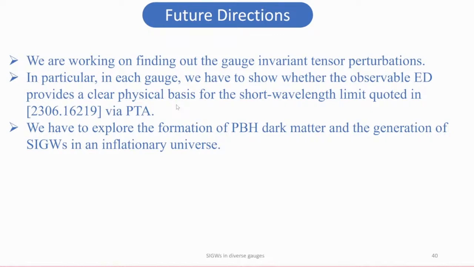So people have discussed this in only one particular gauge, Newtonian gauge, and Poisson. But the rest of the gauges were not studied from the point of view of primordial black hole study. So maybe we can further check whether in those gauges it is possible to produce a black hole.